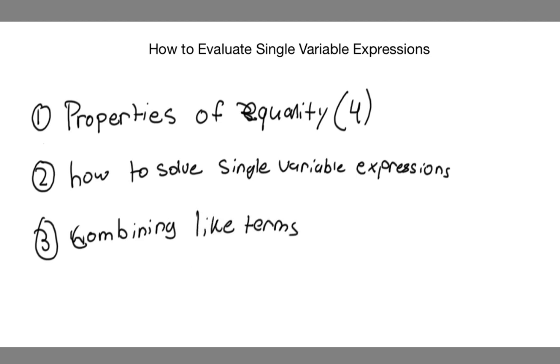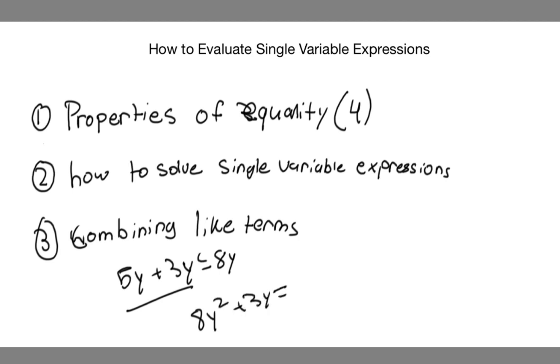This is basically when I showed you guys 5y plus 3y can be combined to 8y, but something like 8y squared plus 3y cannot be combined because the variable part is different for both of these, right guys?